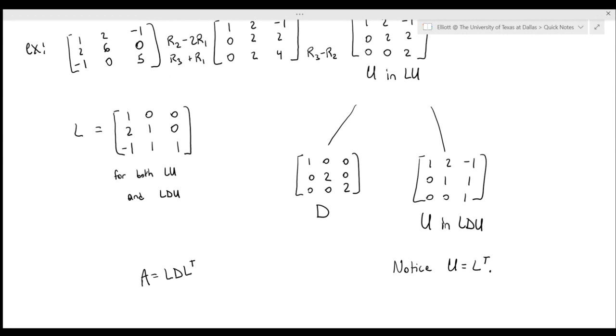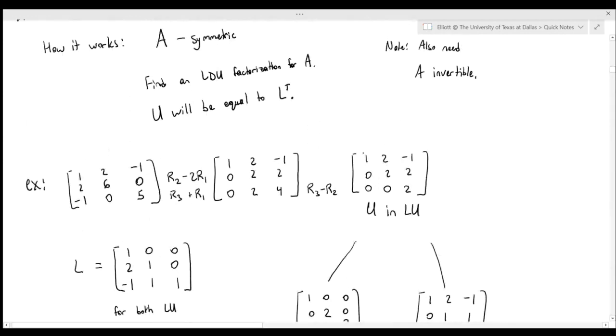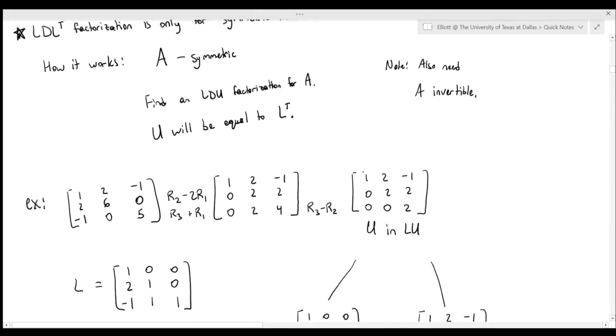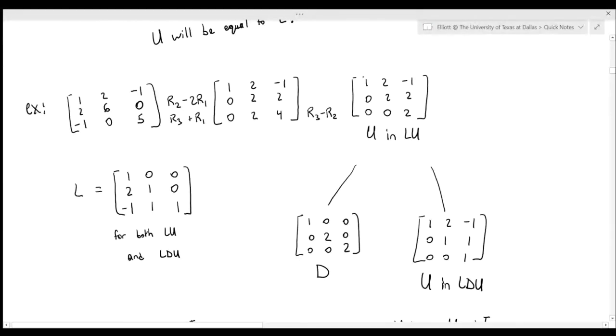Then I'll make a quick comment about me saying that A has to be invertible for this to work. In order to get the new U for LDU, the procedure is to divide each row by its pivot. But if you have a row of zeros, meaning you have a 0 pivot, you can't divide this row by 0.